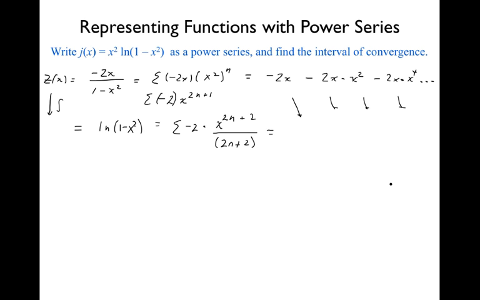Is that my function j? How do I get my function j from that now? What I have now is a power series for natural log of 1 minus x squared. I need to multiply by x squared to get j. So times x squared equals x squared ln 1 minus x squared.